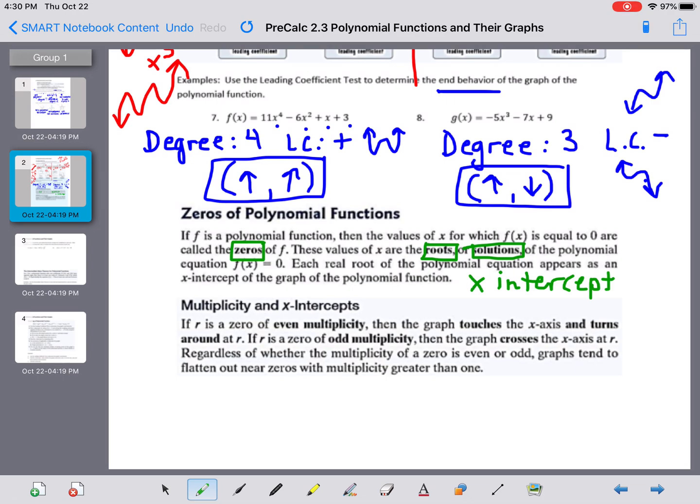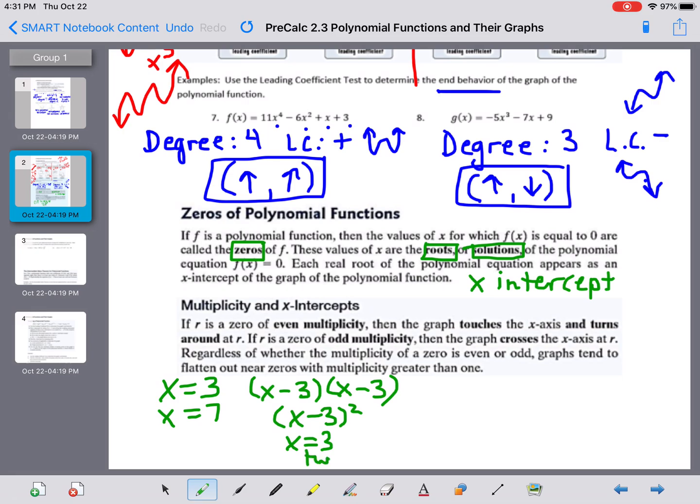So here's the deal. We find these roots. When we solve a quadratic, let's say we get x equals 3, x equals 7, so it would cross with those two. But do you remember when sometimes we factor and we get x minus 3 times x minus 3? That means my answer is actually x equals 3 twice.